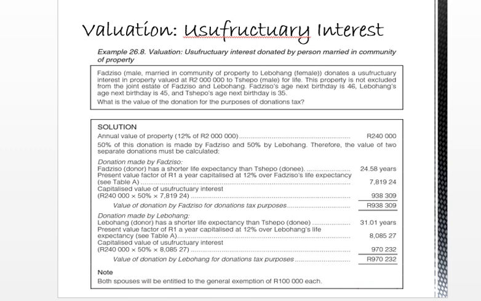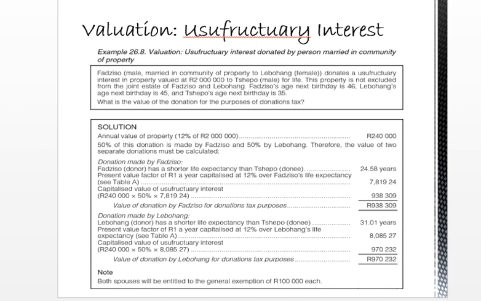So basically what we have here is Fadizo and Lebogang, who are married in community of property. So on the 2 million rand, we will need to calculate a 50% interest for Fadizo and Lebogang. And both of them will then have a 50% donation liability on the 2 million rand.